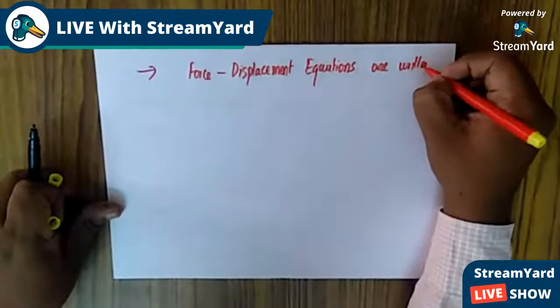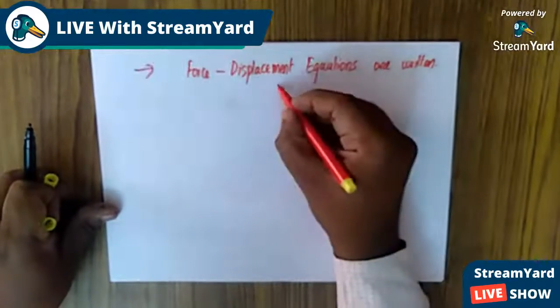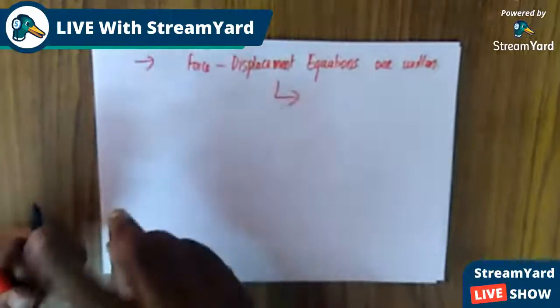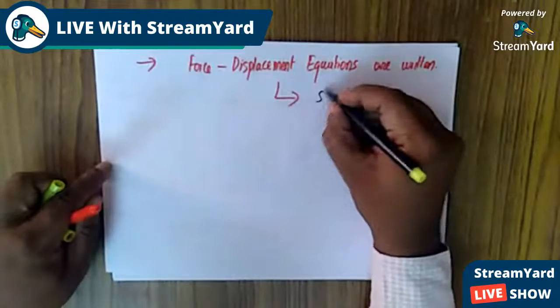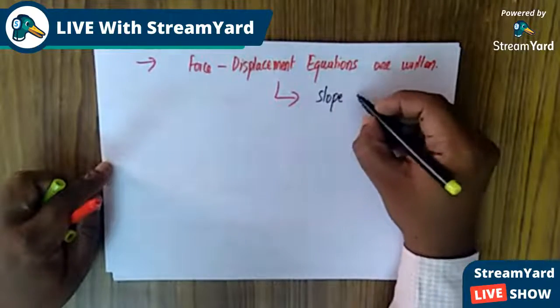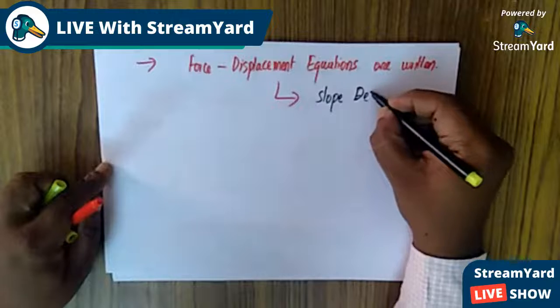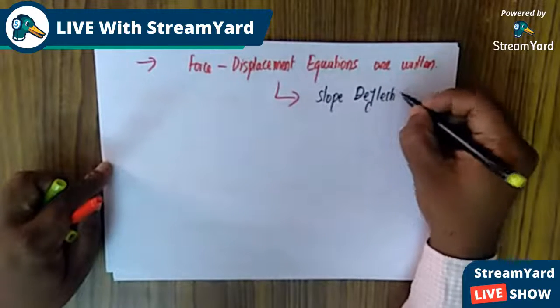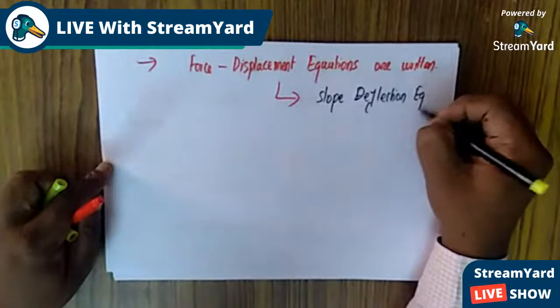And these force displacement equations are also called the slope deflection equations.